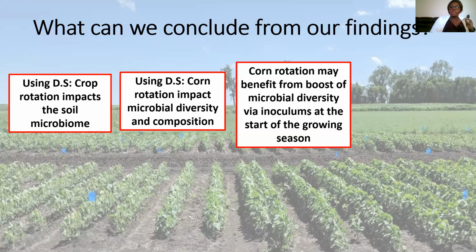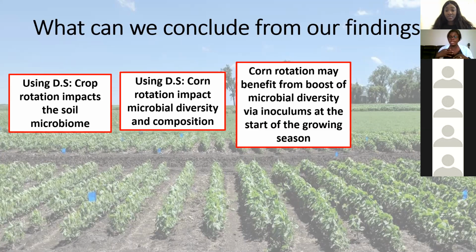Then the corn rotation may benefit from a boost. Like I said previously, a farmer, for example, should know that after planting corn, it would be nice to replenish the amount of beneficial bacteria in your soil before you plant another crop, just because the corn has used up almost all of that.